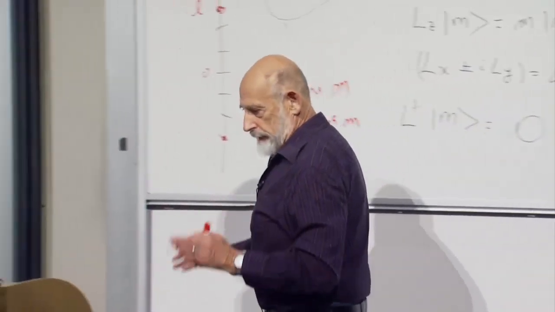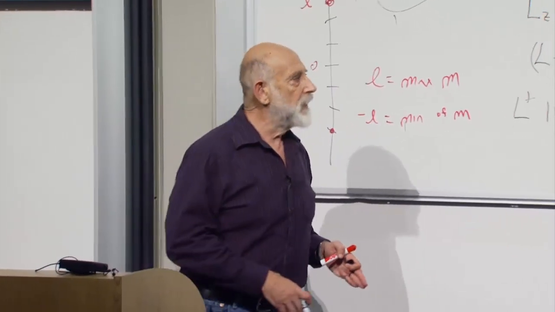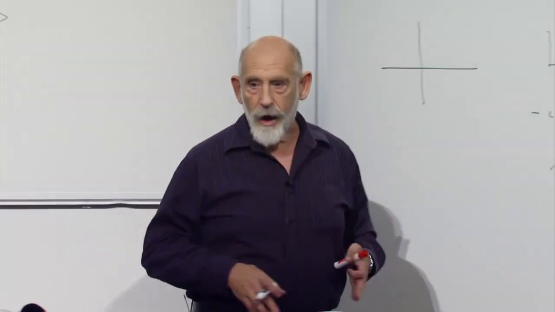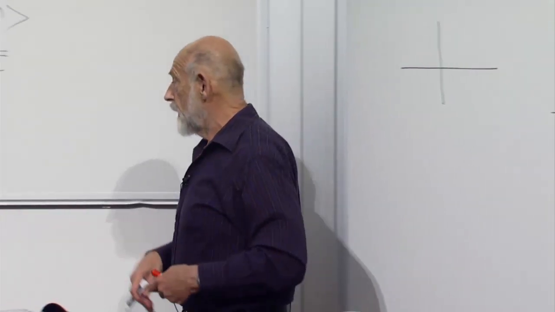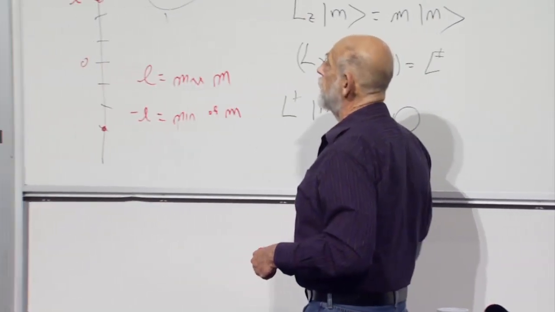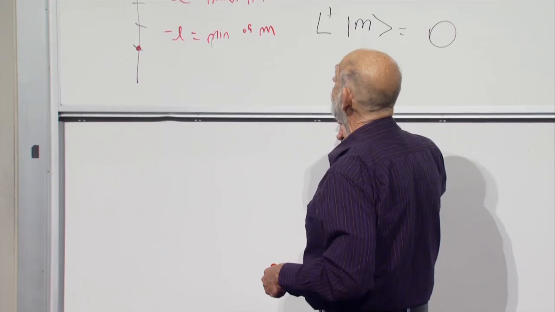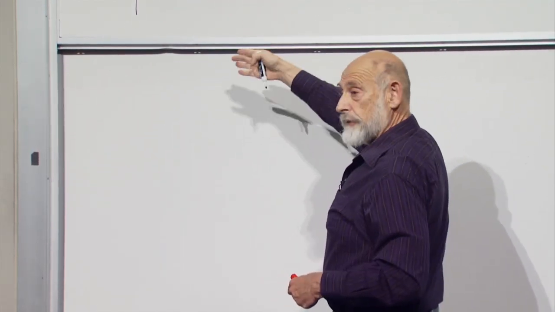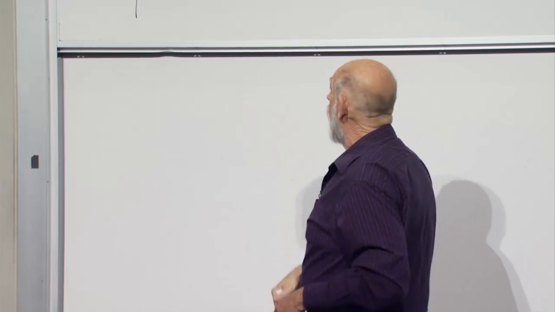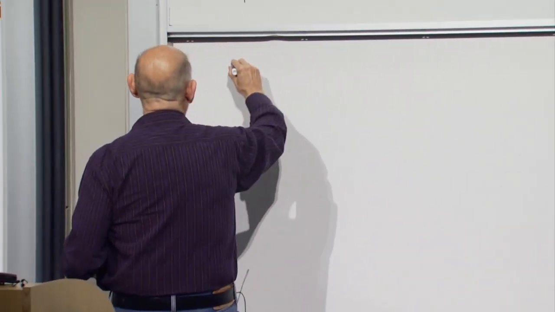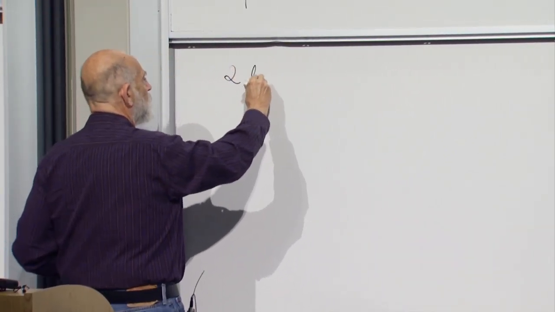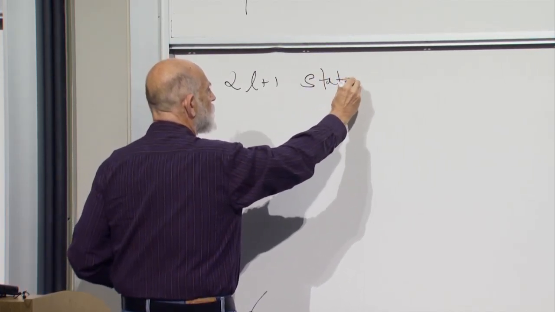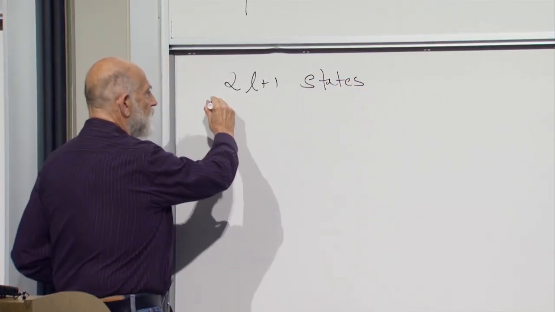So a multiplet, a collection of states of this type, has typically 2L plus 1 states. That's the first thing we find.